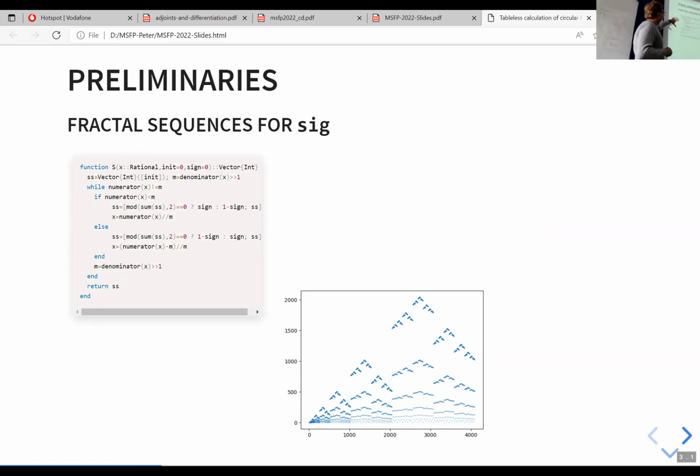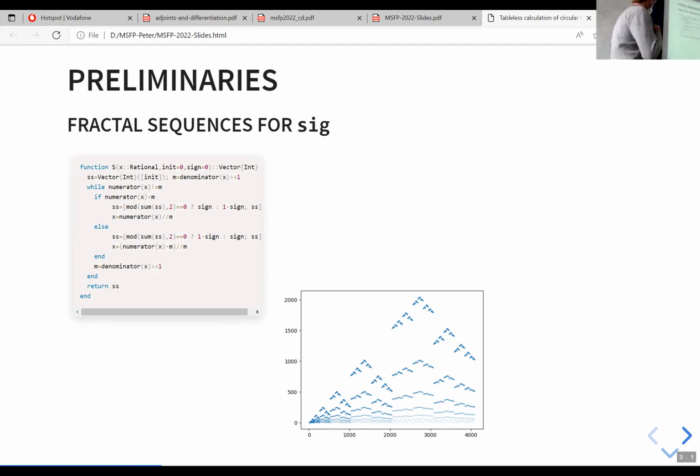It is defined here by this algorithm. Forgive me for using Julia, because Julia is nice for plotting and doing all kinds of mathematical operations, and it's quite close to languages that I use in my company. But I think the pattern is quite clear.